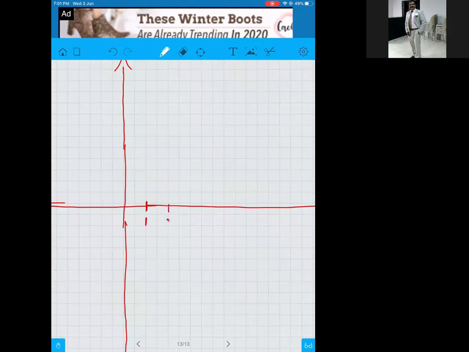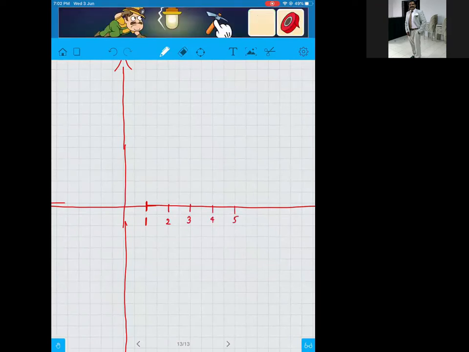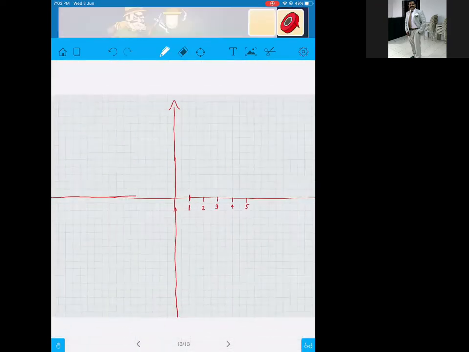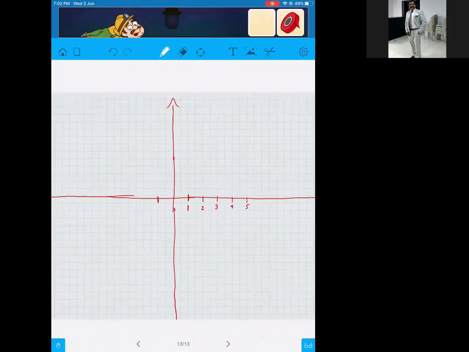So 1, 2, 3, 4, 5, and this is 0 basically. So -1, -2, -3, -4, -5.